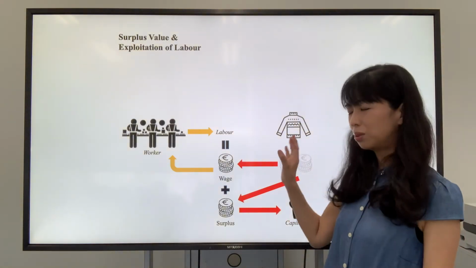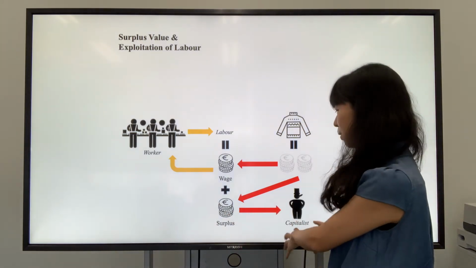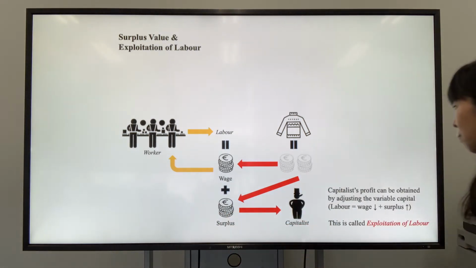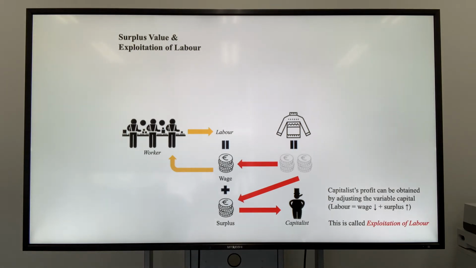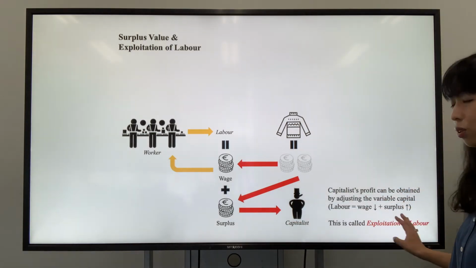This is different from the net profit, but it is a value that the capitalist is gaining. So the capitalist's profit can be obtained by adjusting this variable capital while the labor is the same. If you give little wage to the workers, then you will have more surplus for the capitalist. This action is called the exploitation of labor.